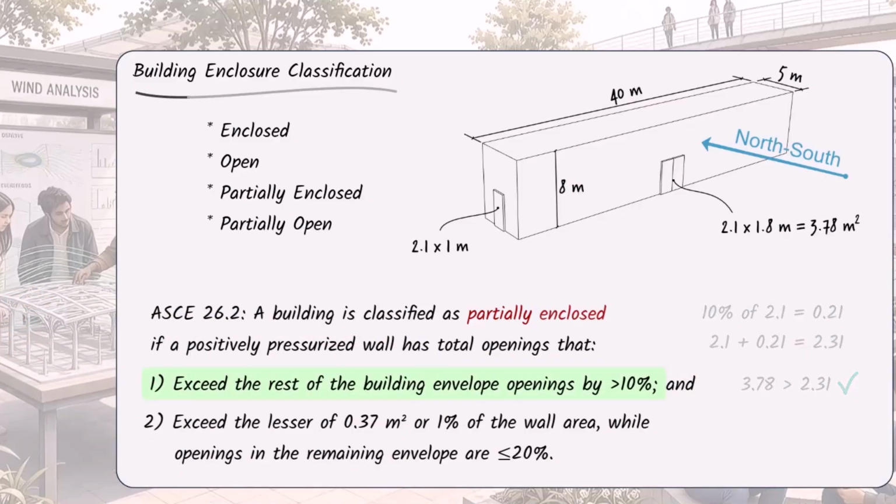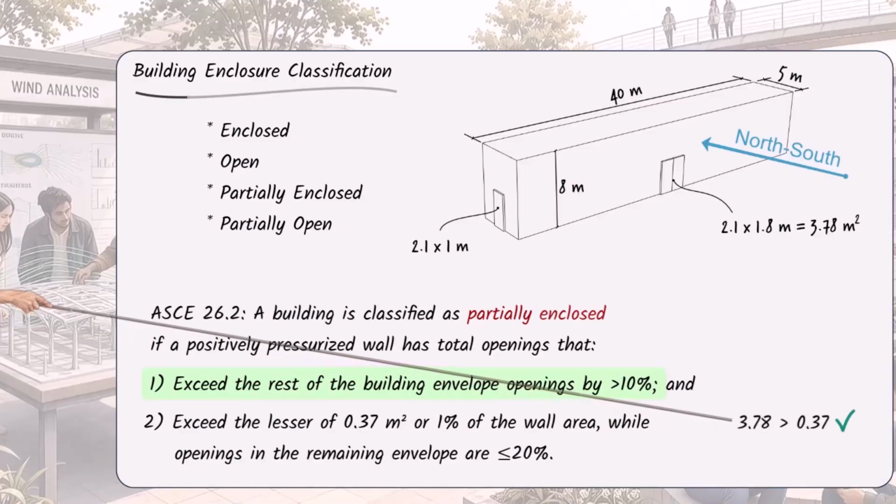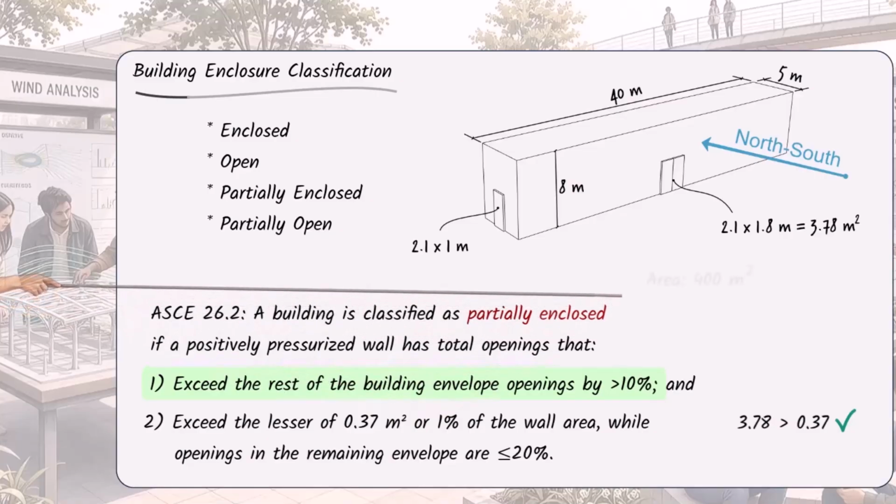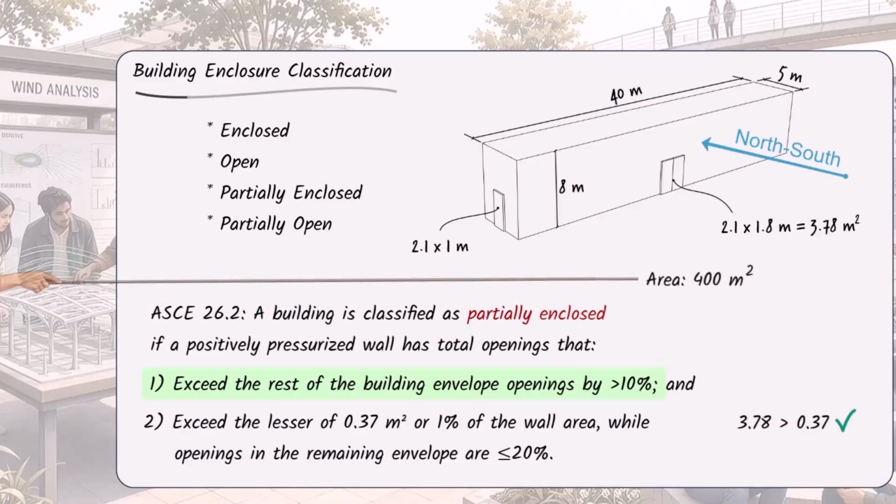For the second condition, as we noted earlier, 0.37 square meters is the governing threshold, and 3.78 easily exceeds that value. The total area of the remaining 3 walls, 2 side walls at 5 by 8 meters and the front wall at 40 by 8 meters, adds up to 400 square meters.